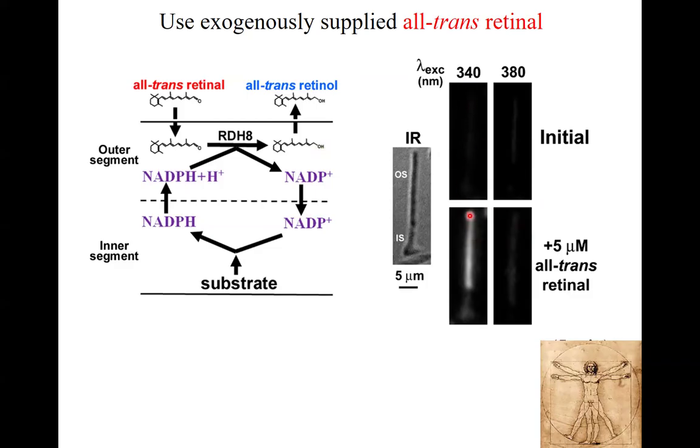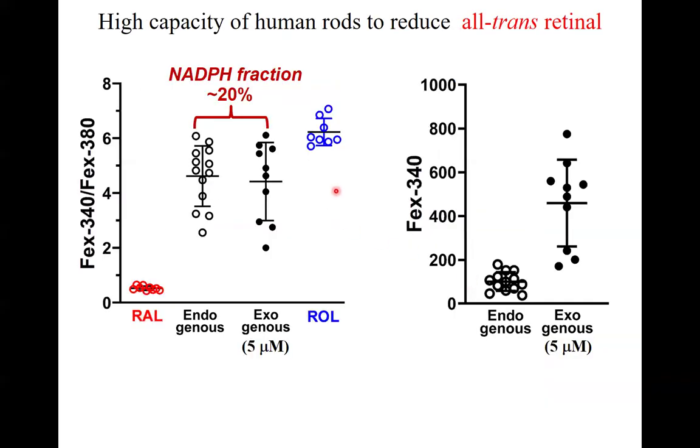From the 340, we can get the level of fluorescence. We can do the same thing with the endogenous retinal. We have a measure of how much retinol we have. And this is relevant. This is the ratio for endogenously released retinal, for whatever rhodopsin they have. And this is what you get with exogenous retinal.